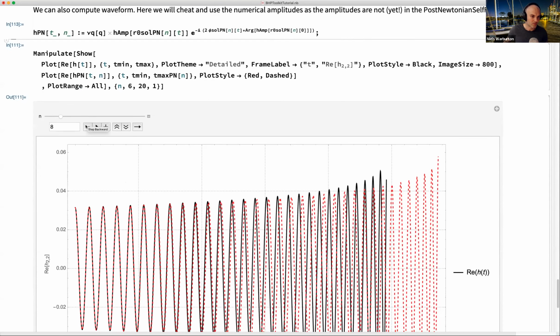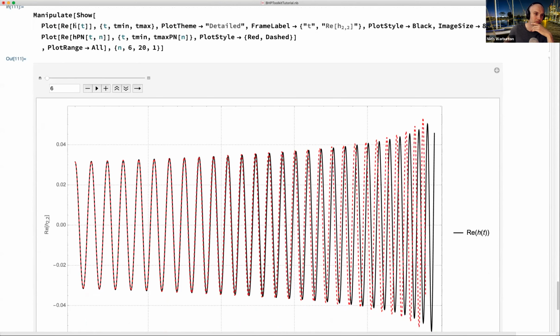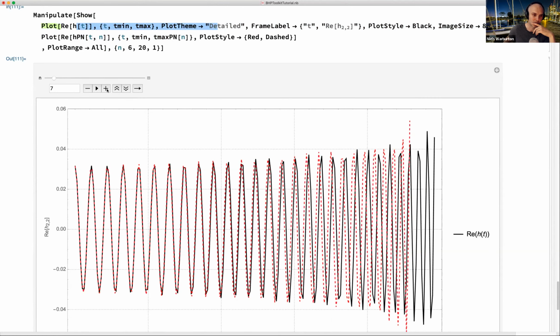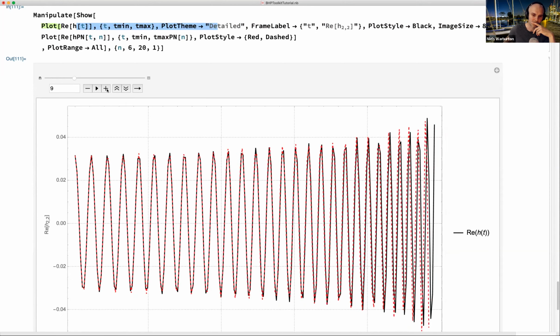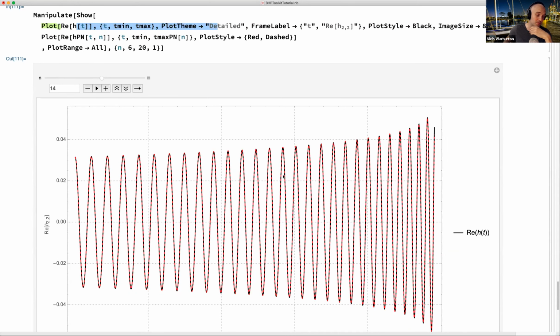Okay, so as we saw, what's shown here, we have the full first order in the mass ratio perturbation theory waveform in blue, and in red we have the PN series. And just as we saw with the radius, as you add more terms, it briefly gets worse. But as you keep adding terms, eventually you get beautiful agreement.